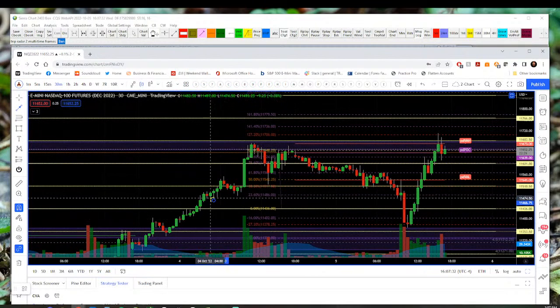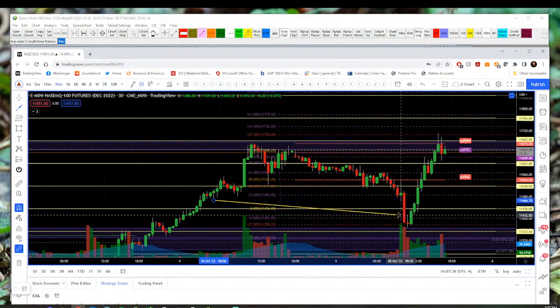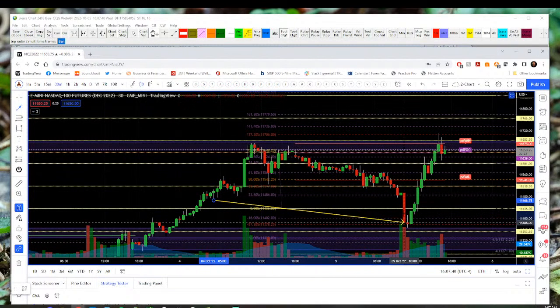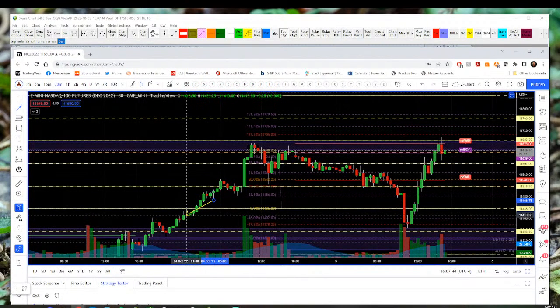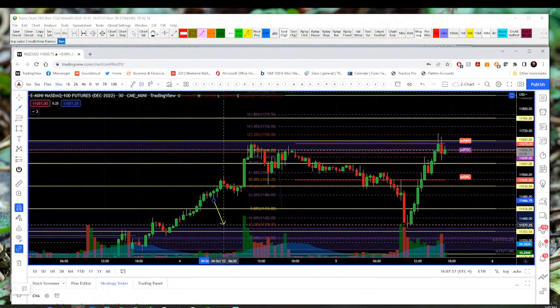We did not want to fight the single prints here, so I don't think anyone in the room really got smoked this morning, but a couple of us took the short and then didn't hold it, which is kind of frustrating. It's just an execution error on my part, being too anxious about having a position when things are going in one direction.